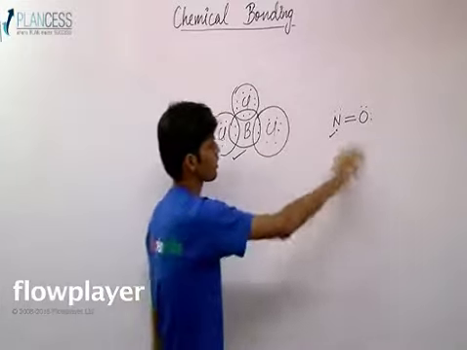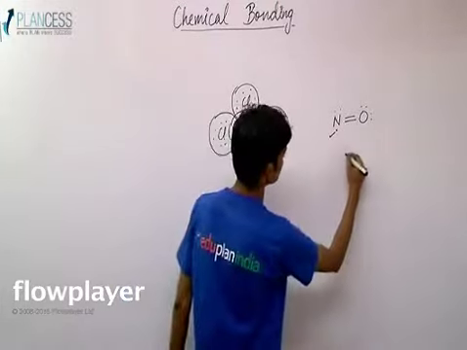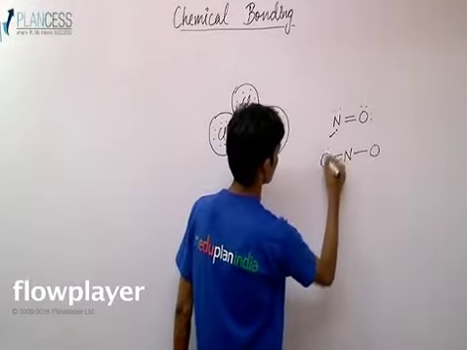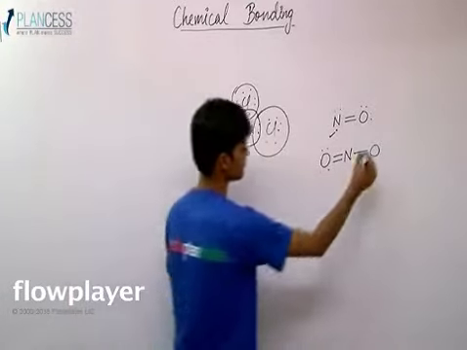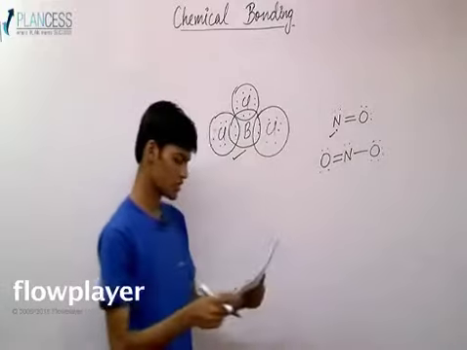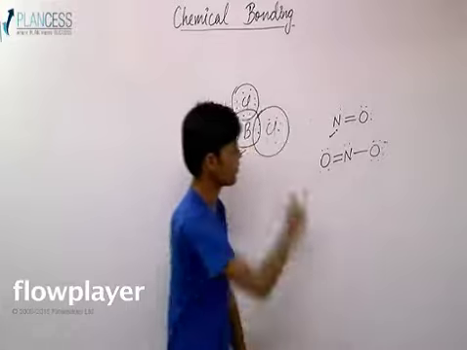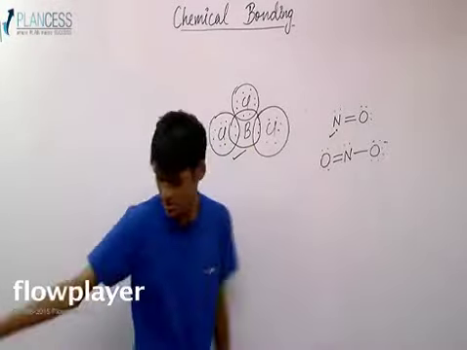One more odd electron species is NO2, in which the structure is something like this, and you can draw a bond from here and from here. So in this case also the octet is not complete for each of the atoms. So these are the odd electron species.